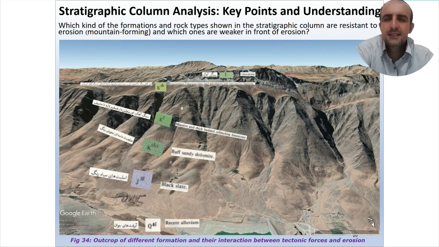And the next one is massive and thick-bedded orbitolina limestone. And these are massive and thick-bedded orbitolina limestone. As I said, they have orbitolina fossil in them, and so they are related to the Cretaceous.